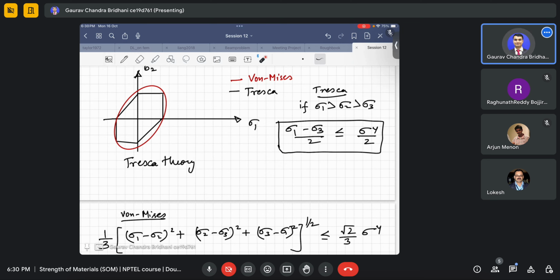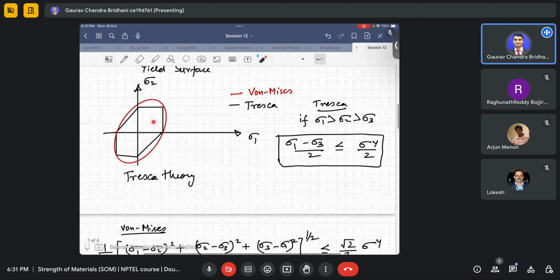Yeah, so now suppose there is a point representing a state of stress. Suppose I define this one, and this is having some state of stress, say sigma 1 star, sigma 2 star.